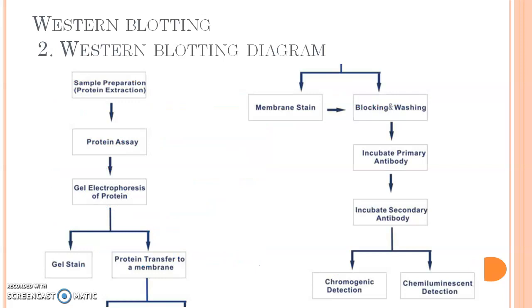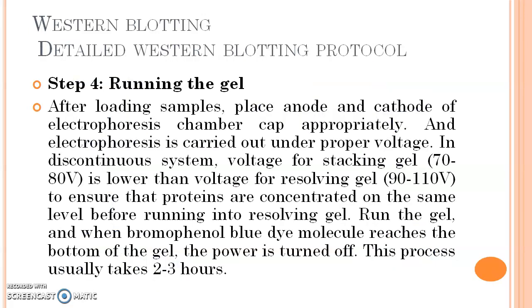Just to recap the Western blotting diagram, it includes sample preparation, that is protein extraction, followed by protein assay, running it through gel electrophoresis, staining the gel, transferring protein to the membrane, either nitrocellulose or PVDF, then staining, blocking, washing, incubating with primary antibody, incubating with secondary antibody, and the detection under chromogenic detection and chemiluminescent detection.